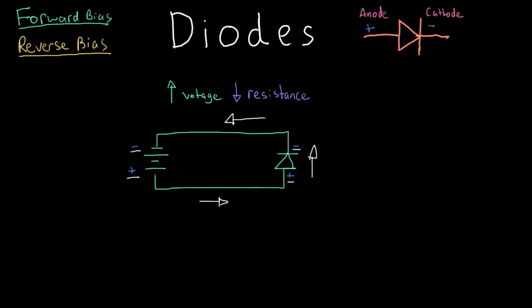So this is for the forward bias configuration. Whenever we increase voltage, we're decreasing resistance in the actual diode. Increase voltage, decrease resistance.